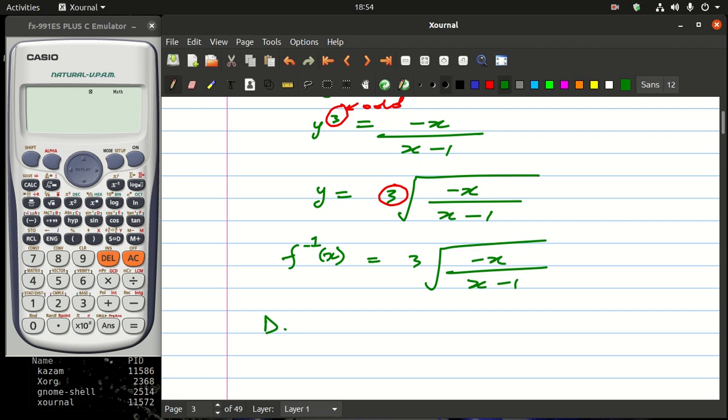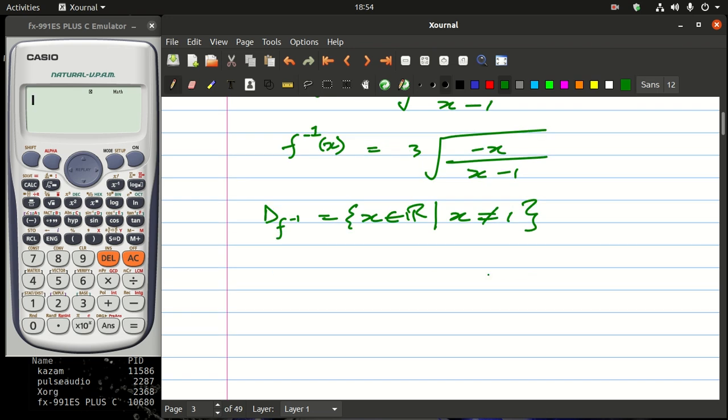So the domain of this inverse here is supposed to be x is an element of real numbers such that x is not equal to 1, because in this particular case, when x is equal to 1, this is going to be undefined. But if this was 2, 4, 6, 8, 10, that was going to be a different case, because what is inside here, if this is even, must always be greater than or equal to 0.